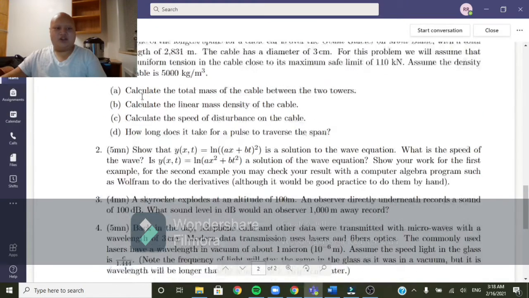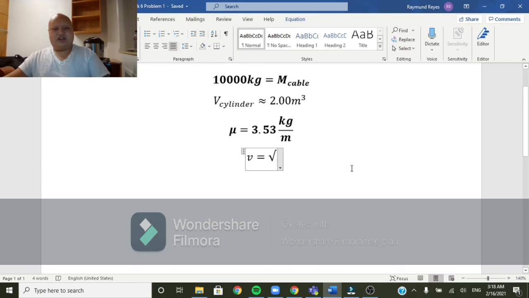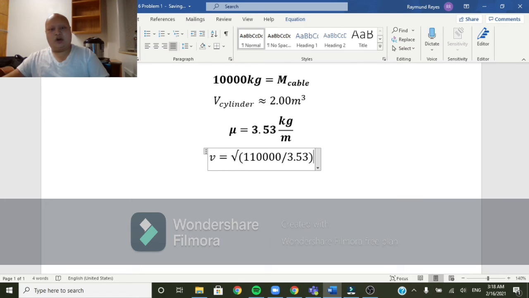For part C, we are looking for the speed of the disturbance on the cable, so basically the speed of the wave instead of the speed of the amplitude, which is different. It's calculated as the square root of the tension divided by the linear mass density.